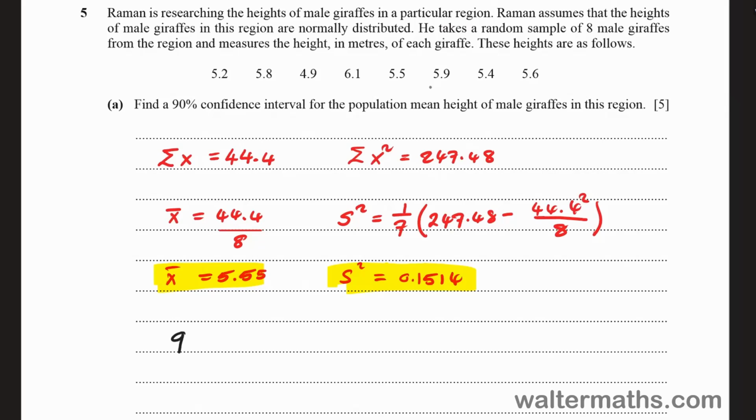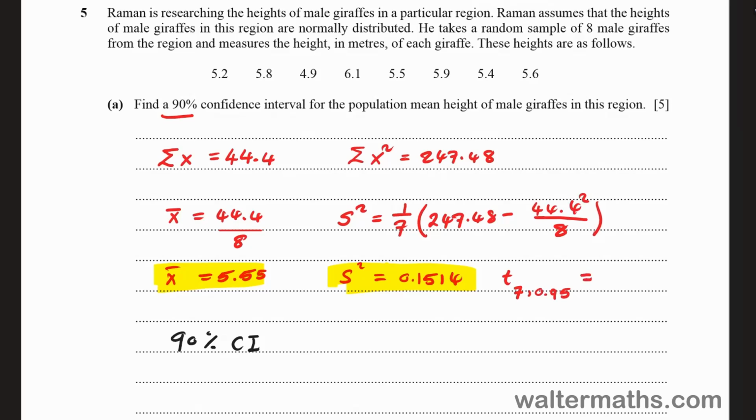So for the 90% confidence interval, I think there's one more thing we need to find, which is the critical t value. Degrees of freedom is 8 minus 1, so that's 7. And since we have a 90% confidence interval, the p-value will be 95%, so 0.95.